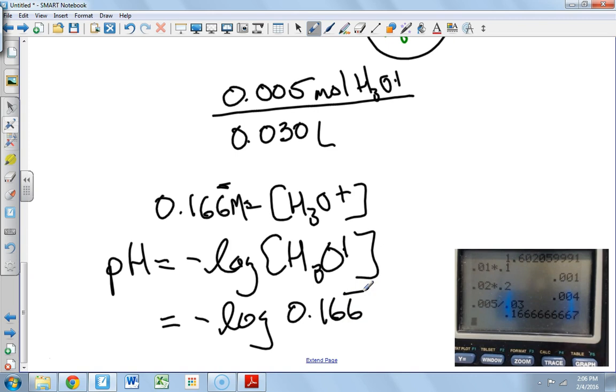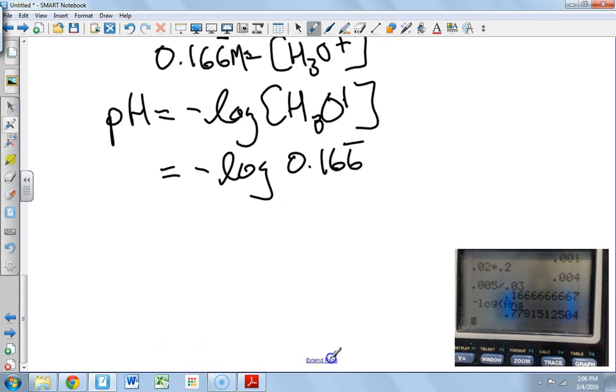In this case I'm just going to use second answer, and so the pH in this case equals 0.778. Okay, and so there's our pH, and double check, life is good. Okay, so that's sample problem 16.43.